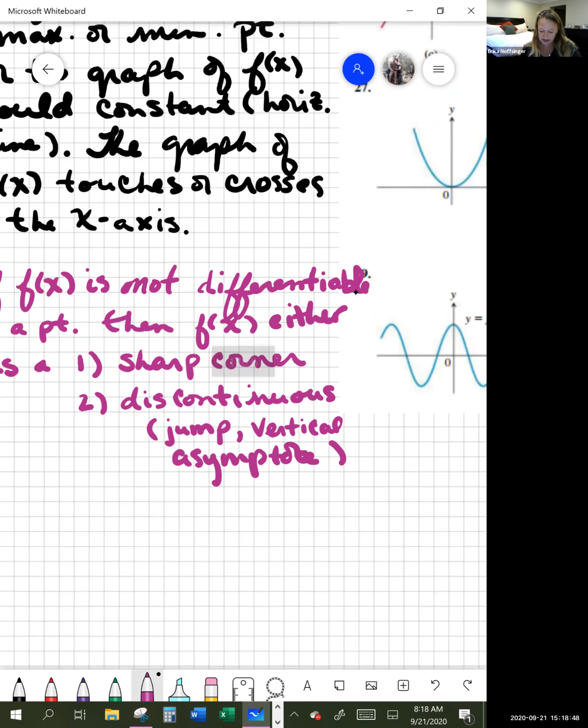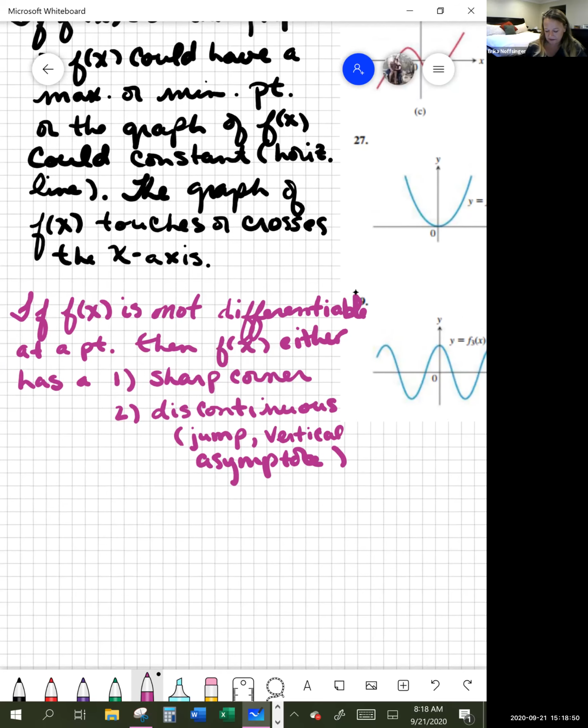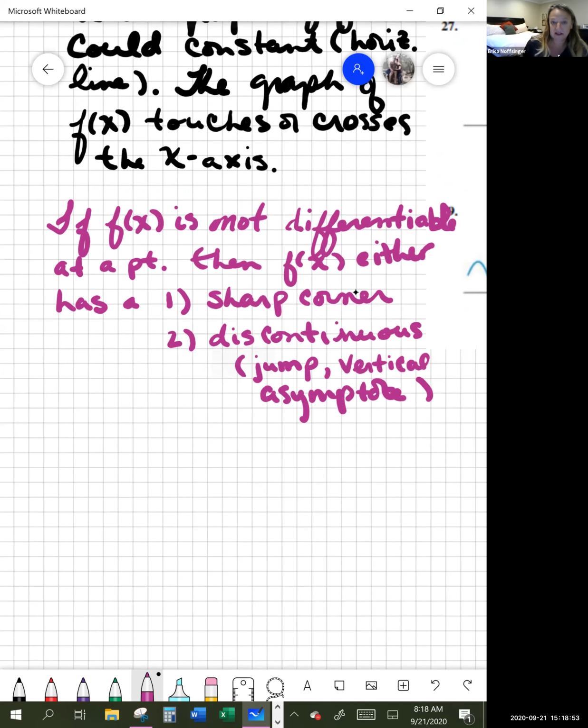Okay, so if that happens, then in our graph of f prime of x, we're going to have an open circle.